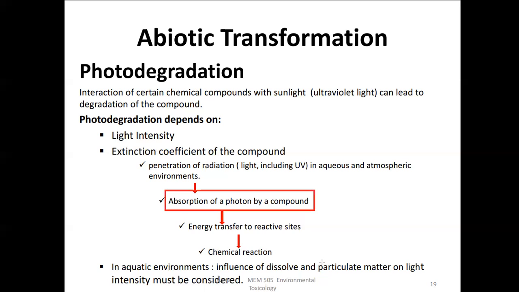Then the other one is that even if this compound allows the heat to pass through it, is it able to allow the heat energy to go to the reactive site? Remember what I just looked at, the alkoxyl. I said this free electron, the radical, is very, very reactive.